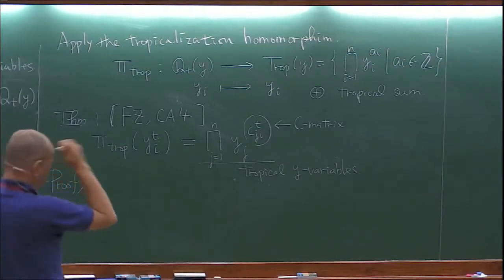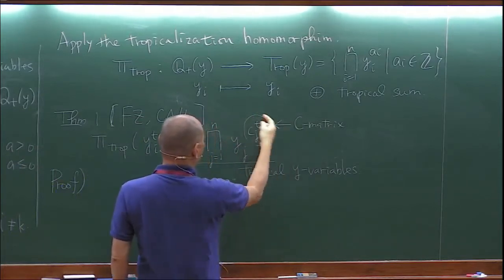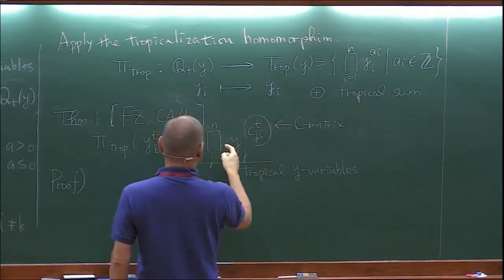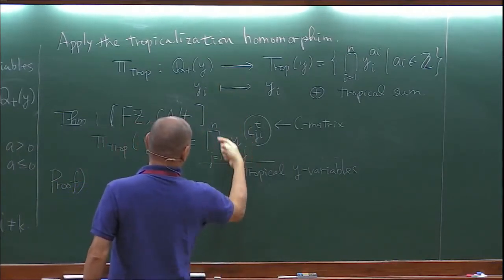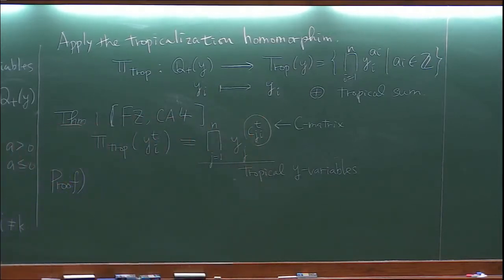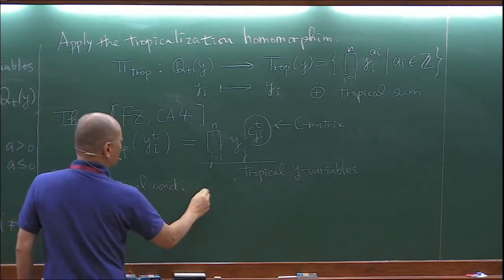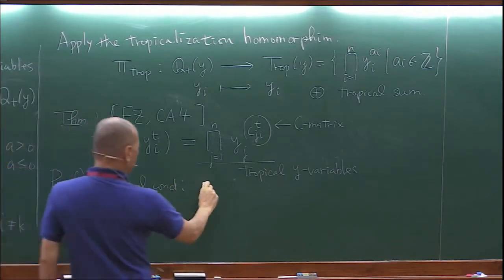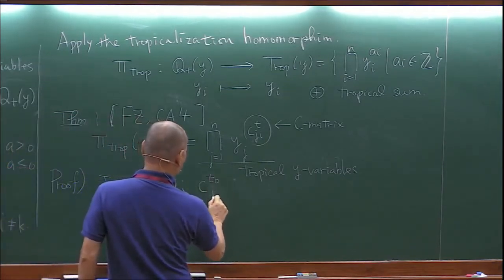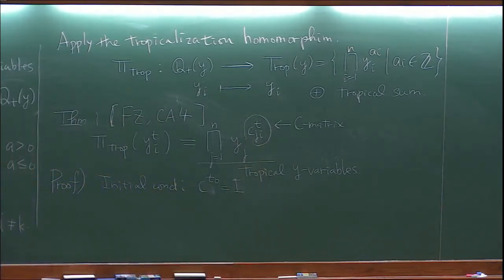First of all, let's temporarily assume that this is not the C matrix already defined, but just a coefficient given by this tropicalization, and let's see what formula should be satisfied. The initial condition, because we start from this particular condition, gives exactly this C matrix, the identity, which is a good one.